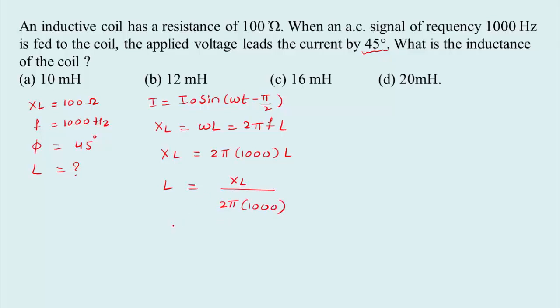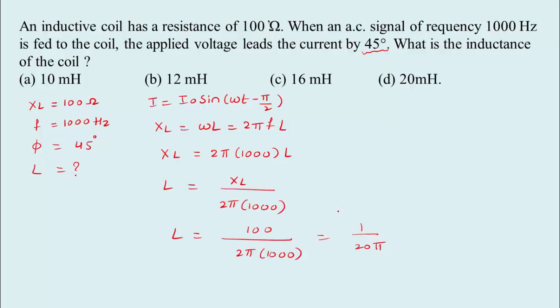Then L equal to XL, which is 100, divided by 2 pi into 1000, that is 2000 pi. So we will get 1 by 20 pi. This is the value of L.